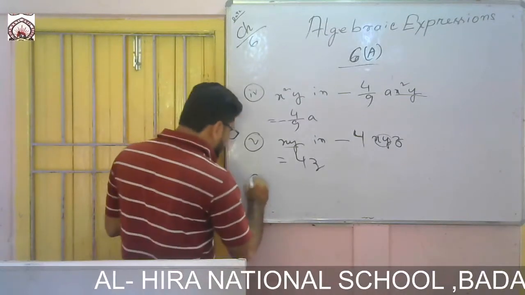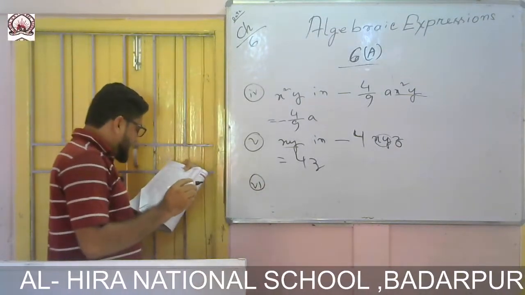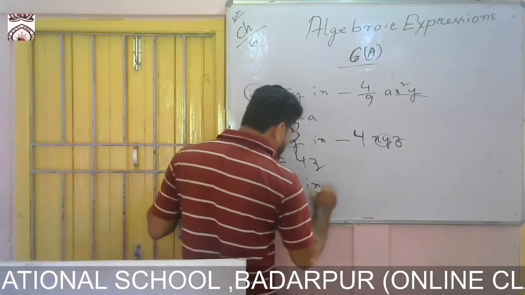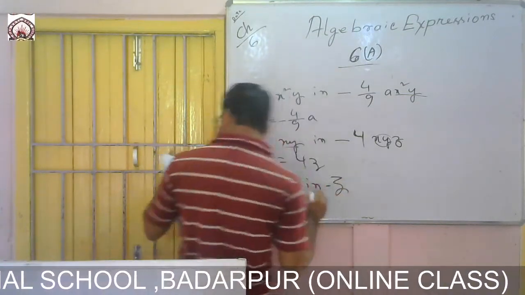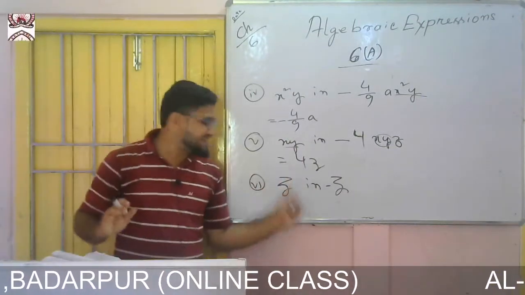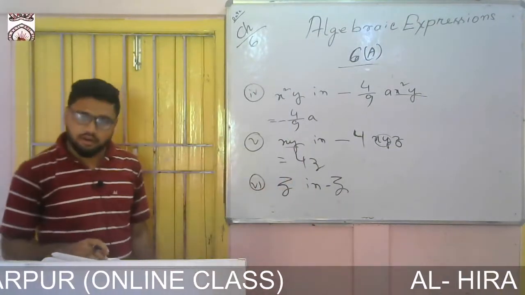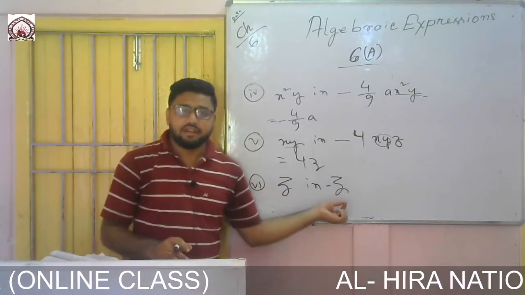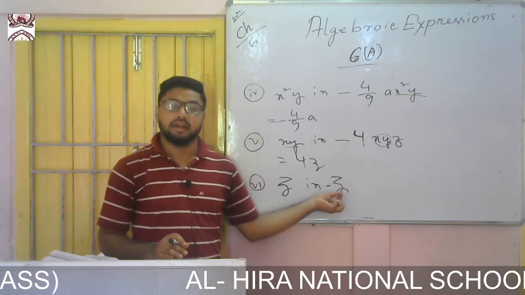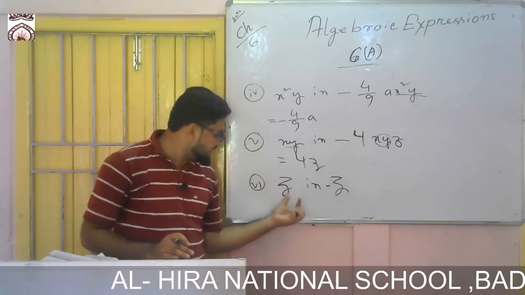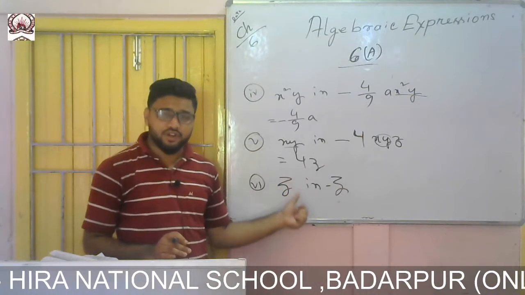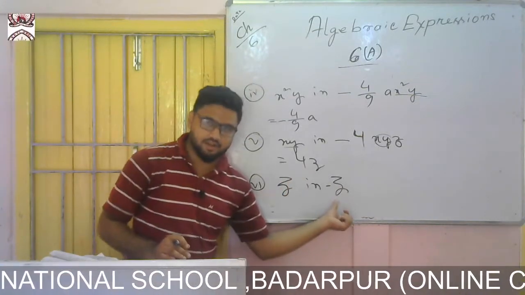Now come to question number 6. So question number 6, what is there? z in minus z. So here one thing you see, z in minus z. Whenever you find nothing is there in front of the said variable, that is z, you have to find the coefficient of z in minus z.